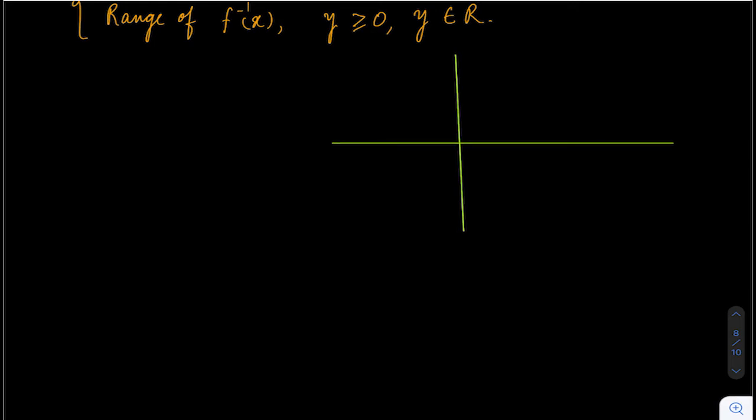So y equal to x we know is a straight line passing through the origin. Okay, so this is my line, y equal to x.